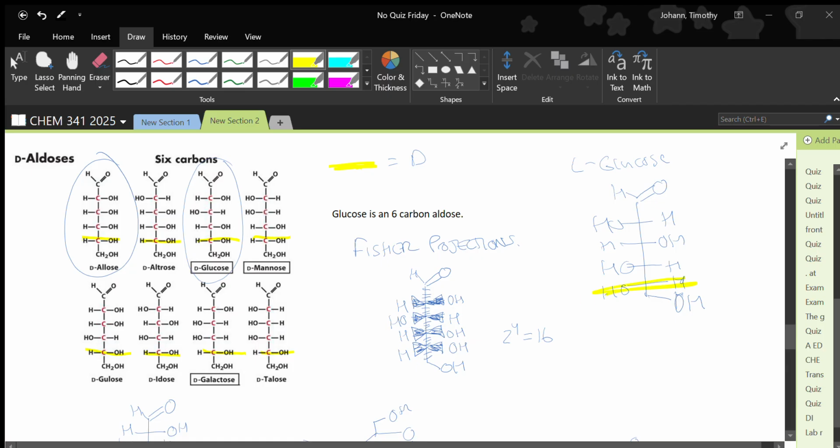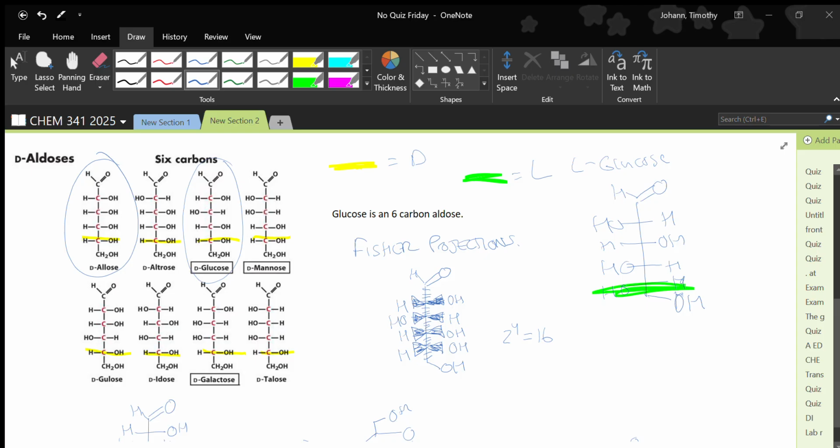Okay. But it would be, oh, hold on. Let me not use that color. And I would know I was looking at the L version of the sugar, because when I look at this carbon farthest from the aldehyde, it's on the left instead of the right. Does that make sense? How we know D and L? Okay.